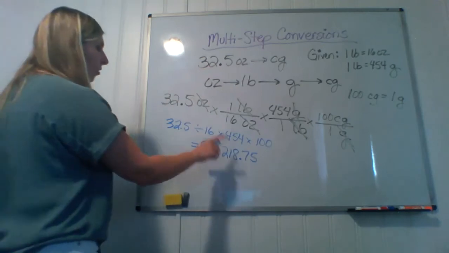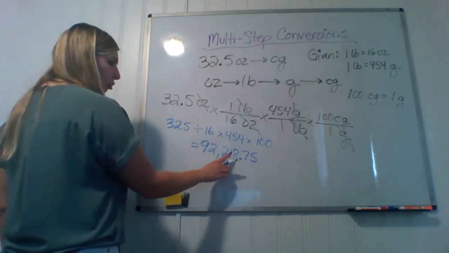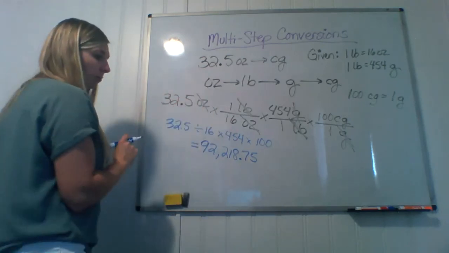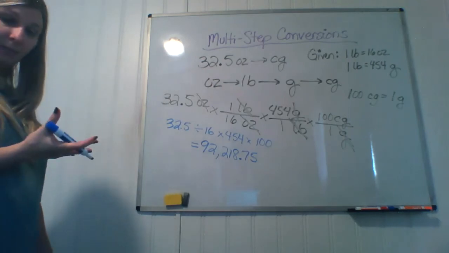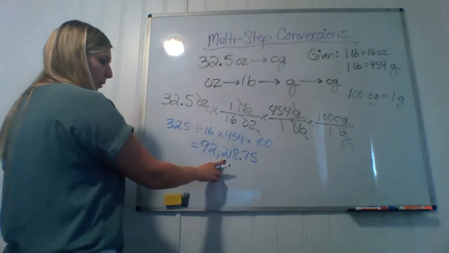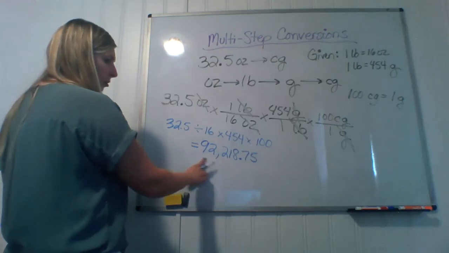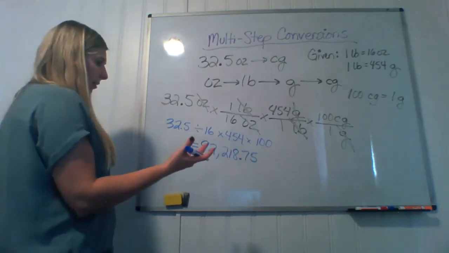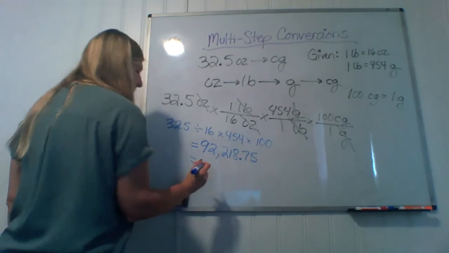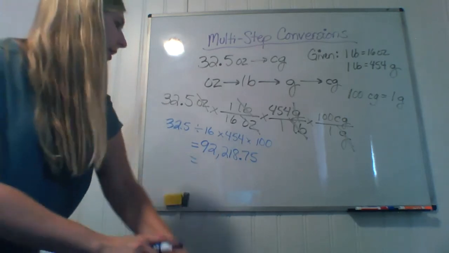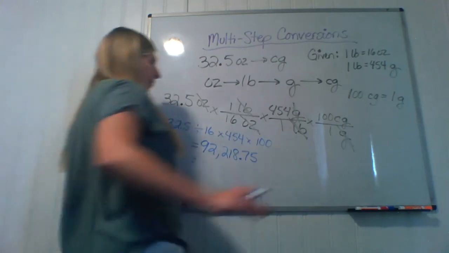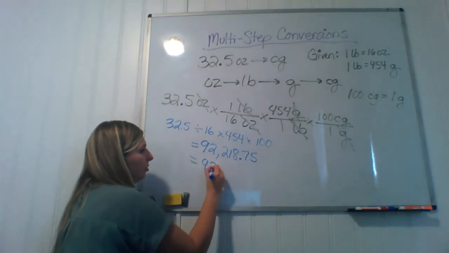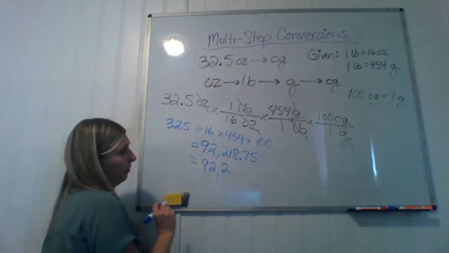Okay, so how can we change 92,218.75 into only 3 significant figures? We will need to apply scientific notation, or we can just round to only the first 3 digits and then add the zeros in the place values. So this value, now looking here, we recognize that the first 3 digits here will be considered significant. 92,200.